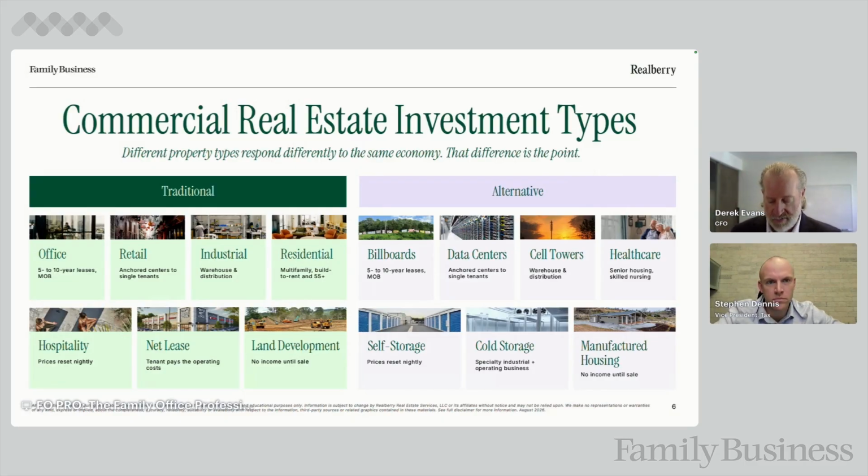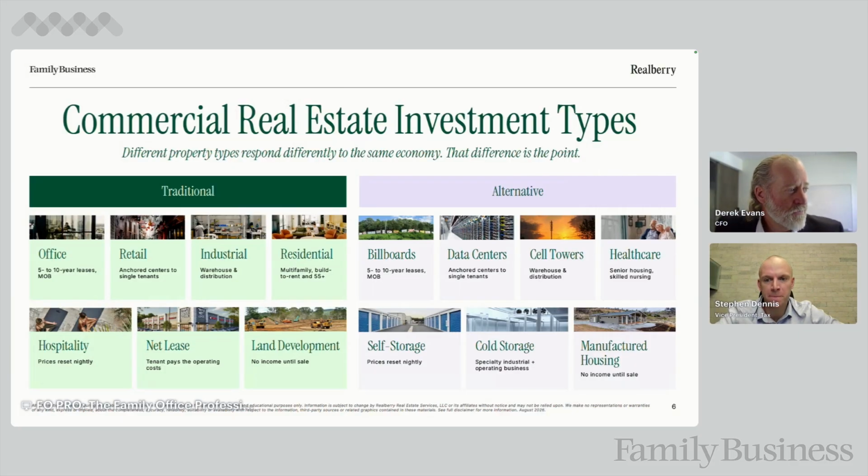What I would tell you as it relates to the traditional sector, office has been frankly out of favor. I think that's probably true across most markets in the United States, outside of maybe New York.